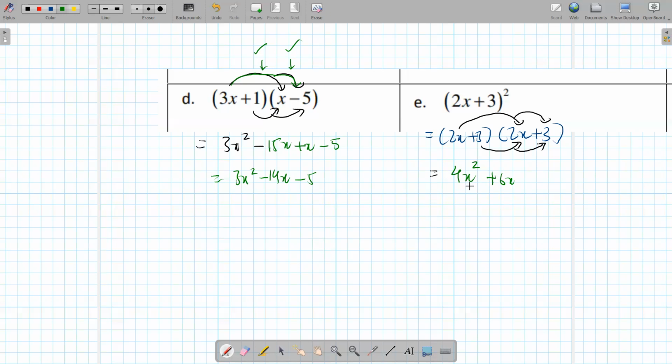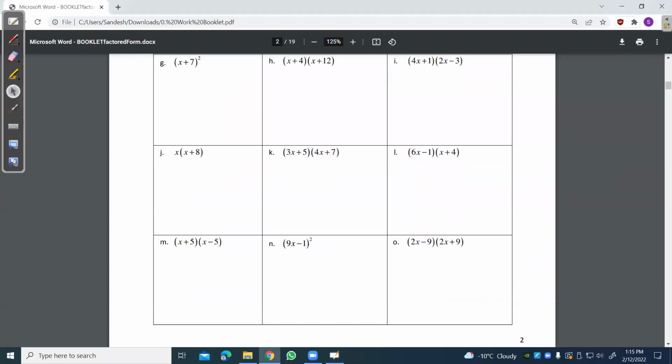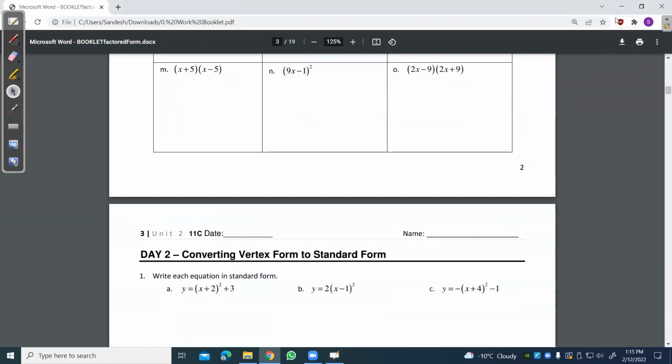Is it just plus 6x again? Yes, it is. What was the final term? Plus 9. Yes, there we go. And if you group up the like terms, you get 4x squared plus 12x plus 9. And there you go. That's the final answer. The rest is kind of the same.